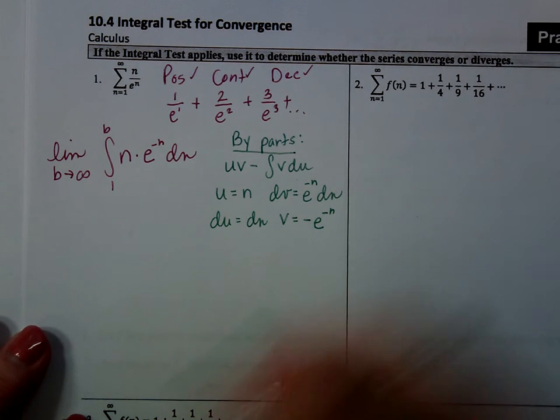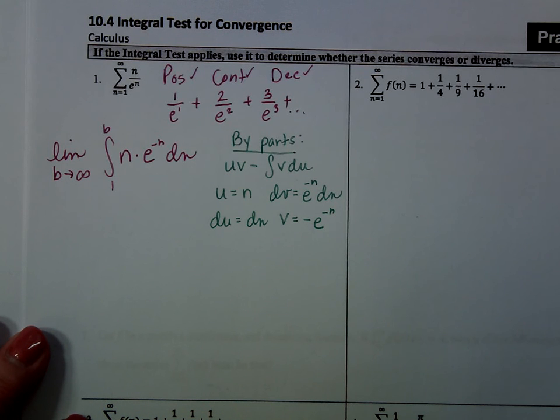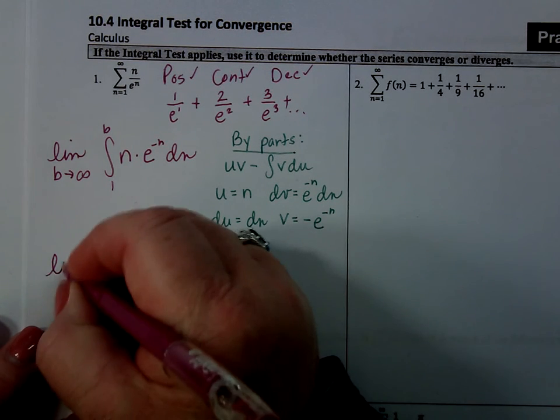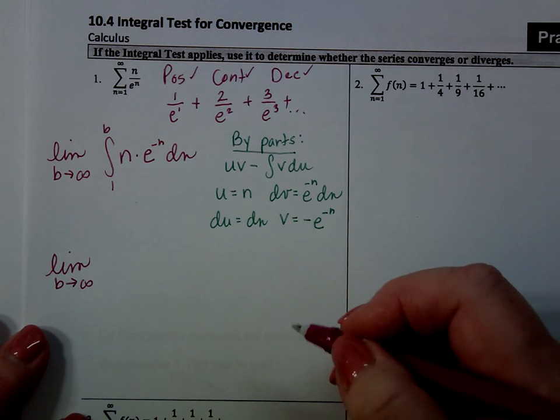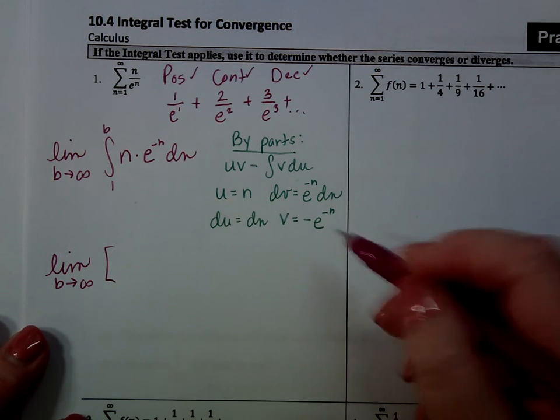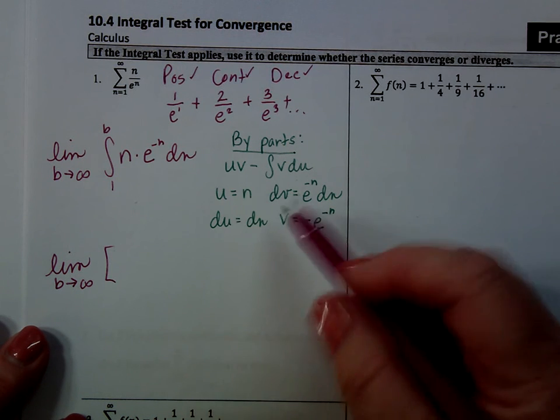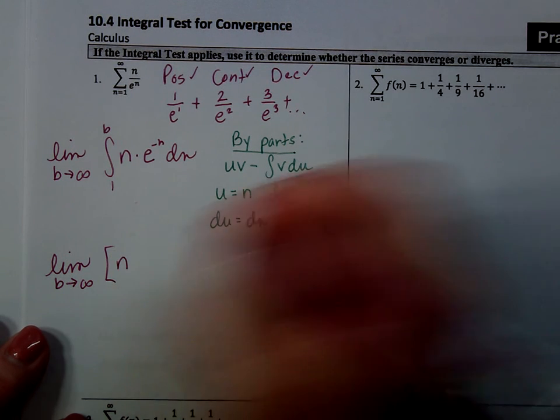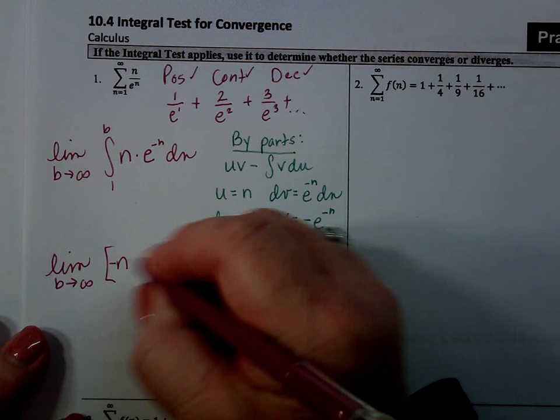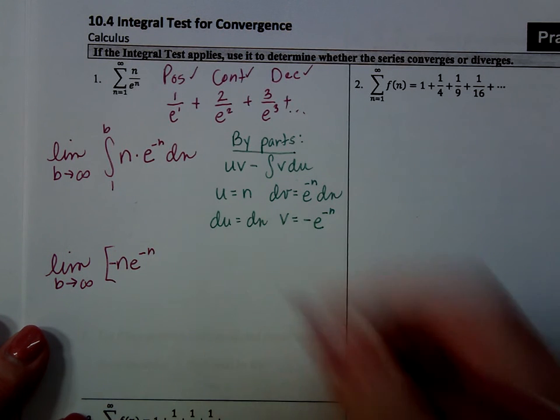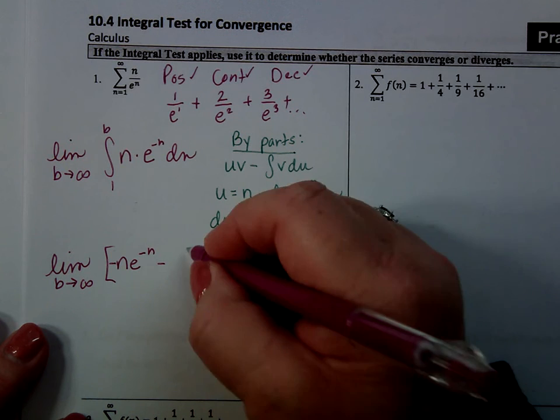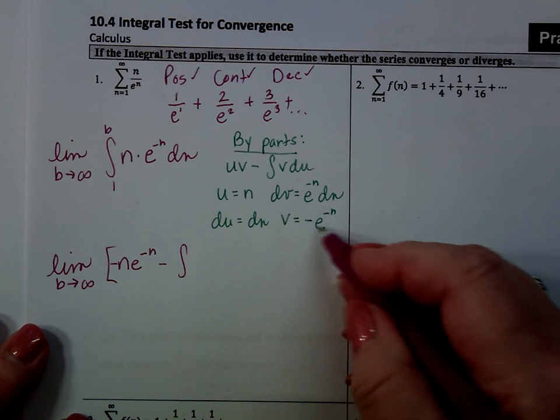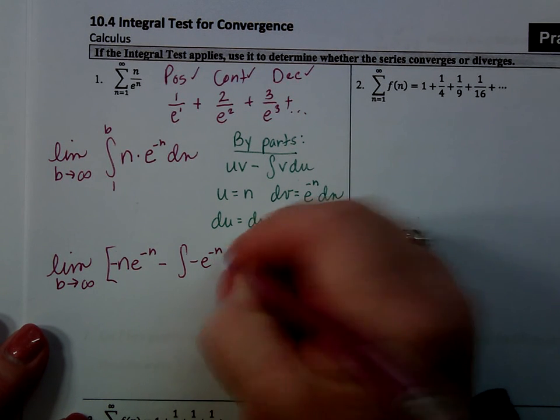I can do by parts. So here's how it's going to look. It's going to be the limit as b approaches infinity for u times v. U is n. V is a negative e to the negative n. u times v, minus the integral of v, negative e to the negative n, du dn.